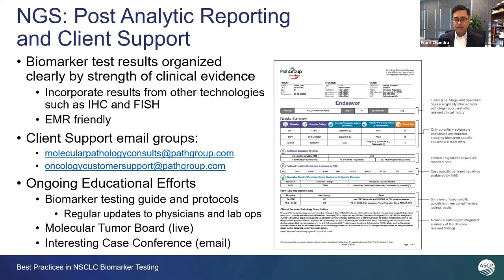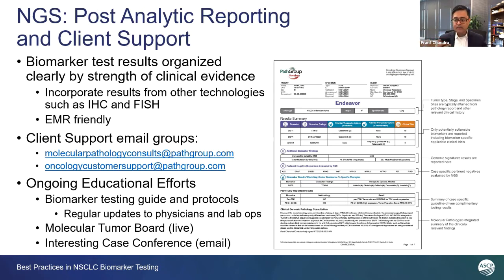So that is another really important post-analytic step that we all need to be thinking about. You have to organize all of the information. Again, we're busy physicians, pathologists, and oncologists, and within 2 minutes, an oncologist really has to have a good understanding that here are the alterations, here are the therapies that I can utilize to treat my patient.